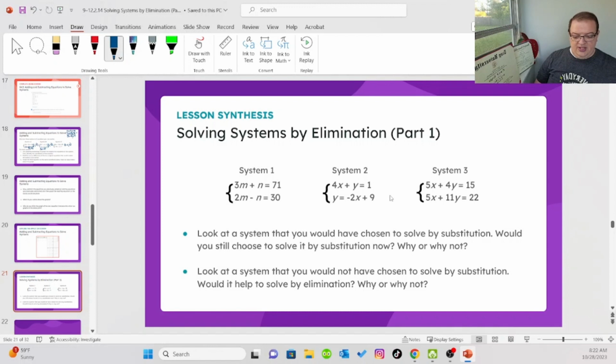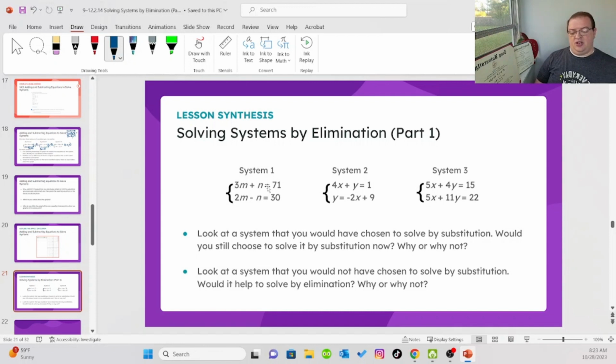So this was in our previous lesson on substitution. And when we did that, we said system 1, I would have solved by elimination, and I told you we would talk about that this week.